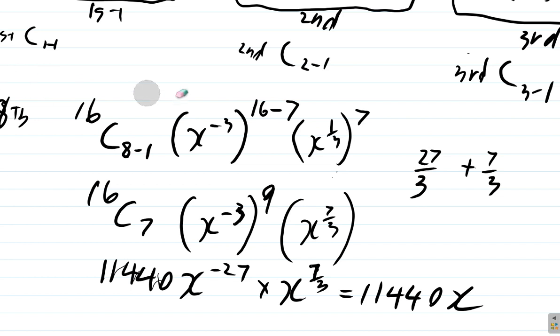When you multiply 27 by 3, what do we get? 3 times 7 is 21, bring down the 1, carry 2. 3 times 2 is 6, plus 2 is 8. 81 thirds plus 7 thirds, well, with the negative, that is going to be negative 81 over 3 plus 7 over 3, which is negative 74 over 3. Alright, so that is what we have for you.